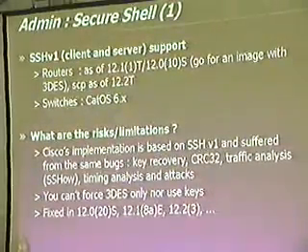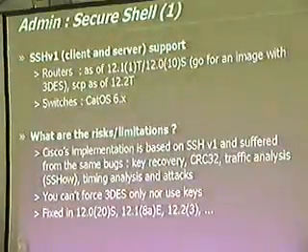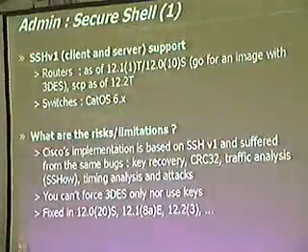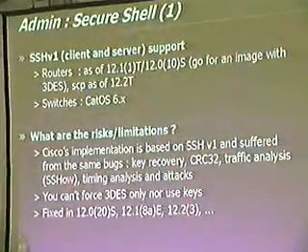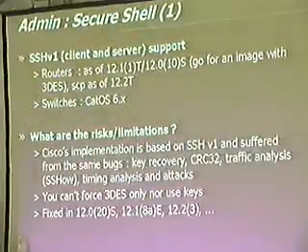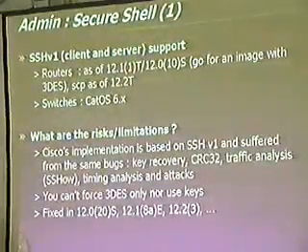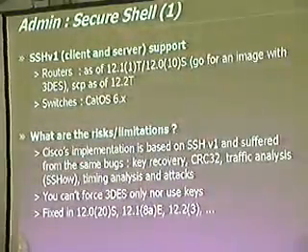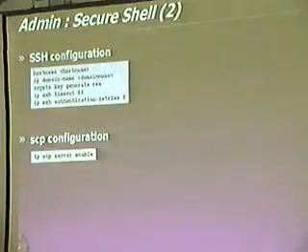Bad thing, you can only use or force triple DES, and you cannot use keys to authenticate on the router or on the switch. And the other downside is that you have to run an image that supports SSH, and usually they are more expensive. But you can run SSH on any Cisco router or any Cisco switch.